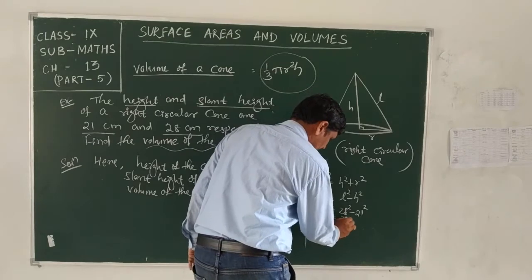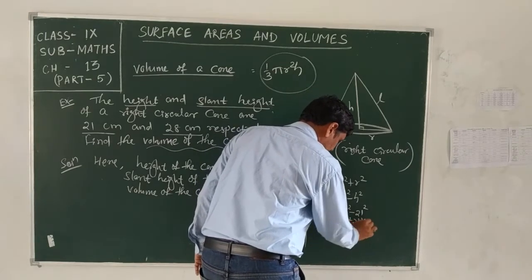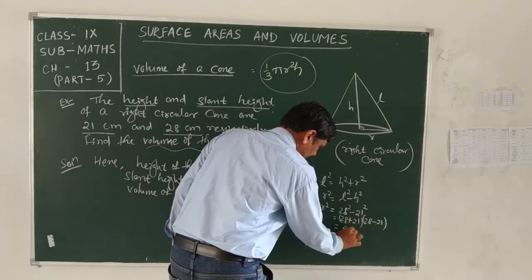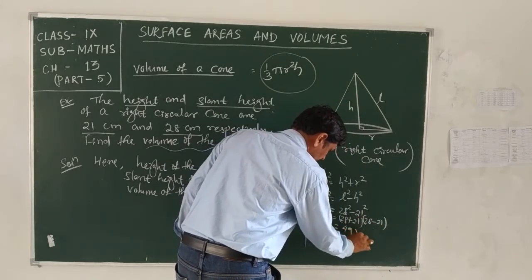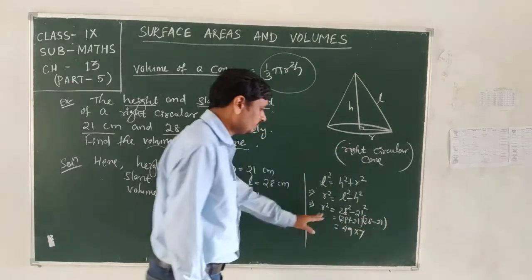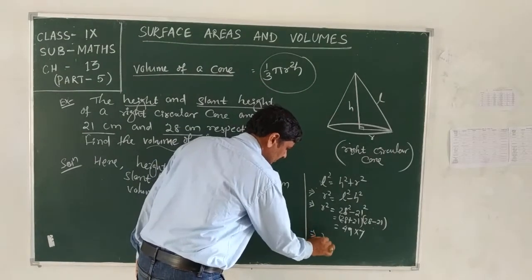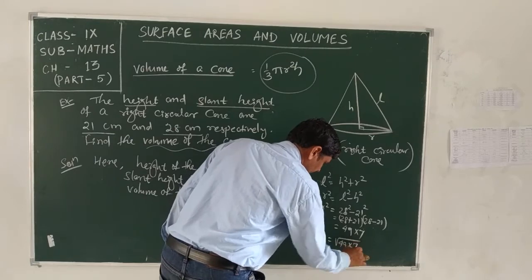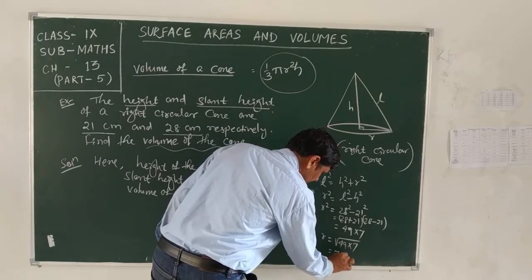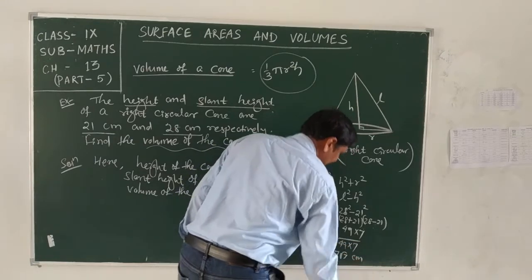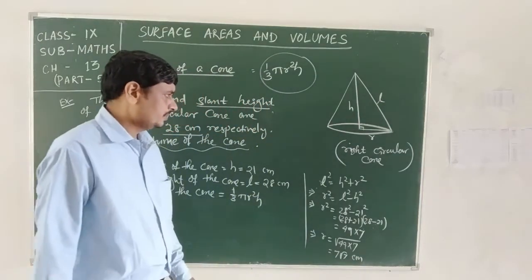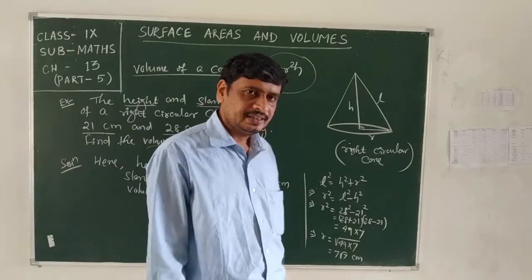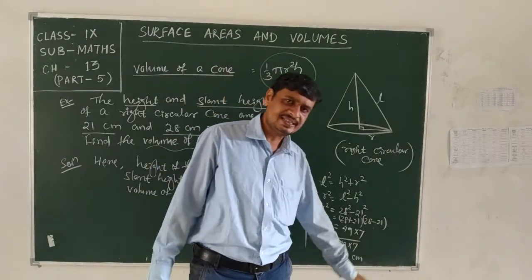It becomes 28 plus 21 into 28 minus 21. That is 49 into 7. Now r becomes root of 49 into 7, which is 7 root 7 cm.